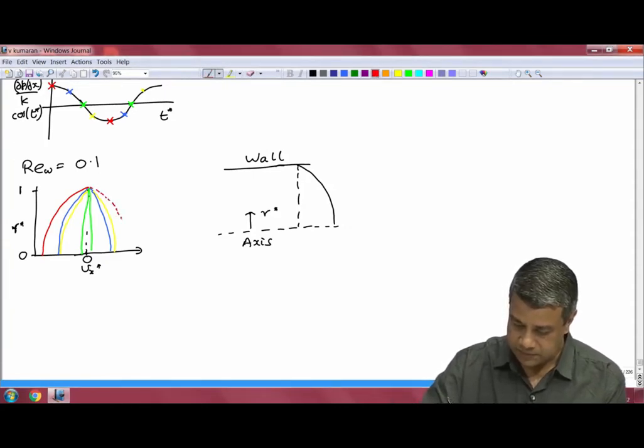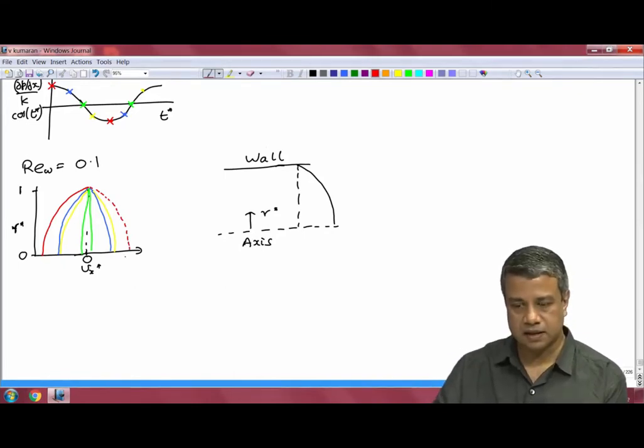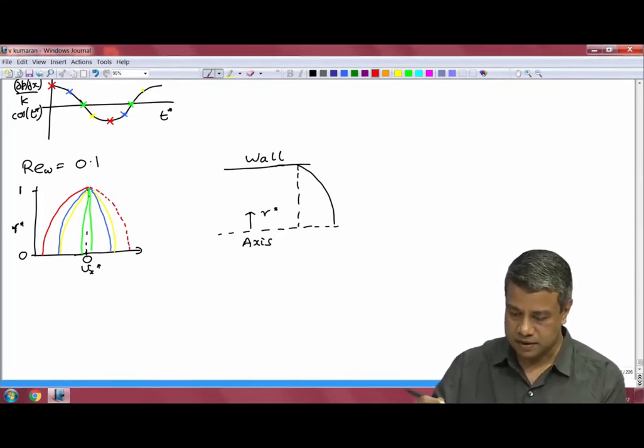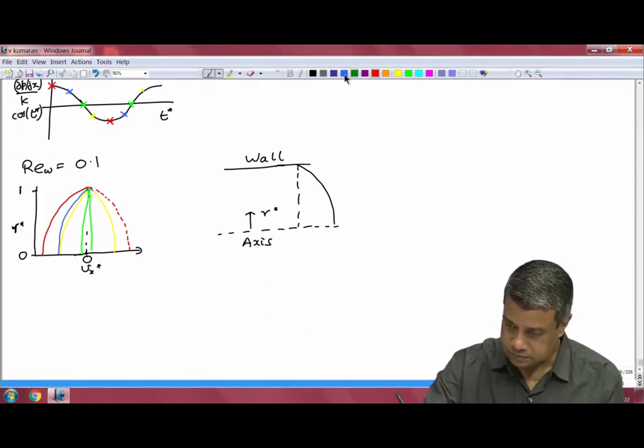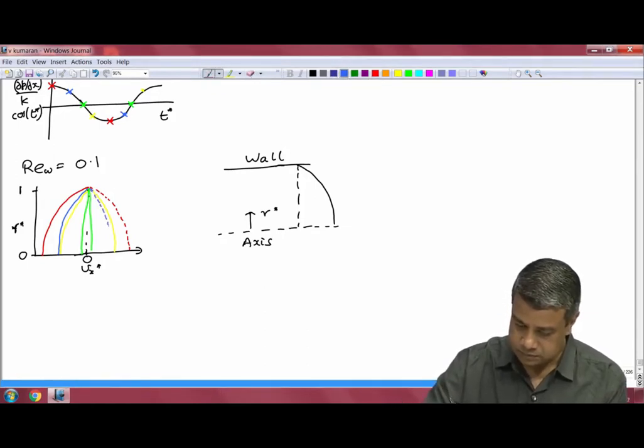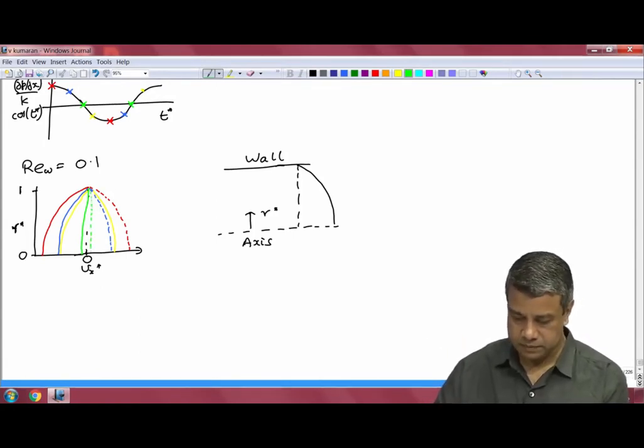When the pressure gradient is negative, I am plotting the velocity with dashed lines. And this one will also be a dashed line, and so will this one.